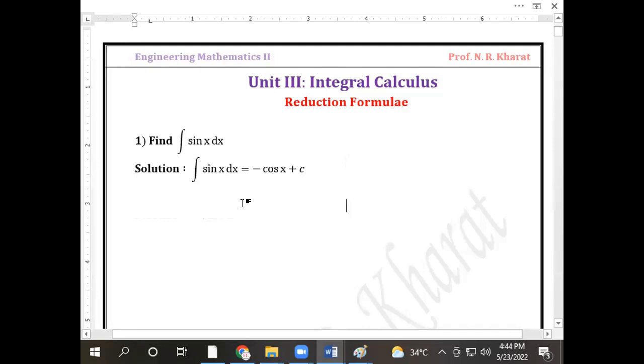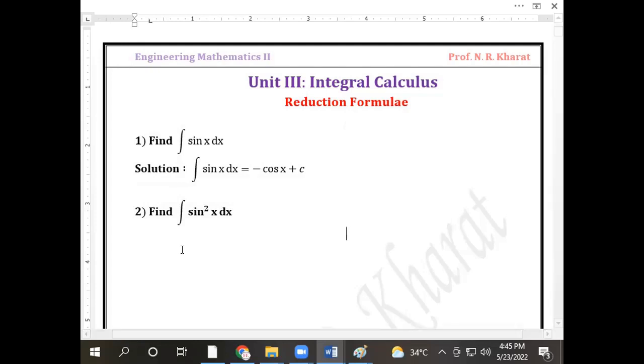What happens when I increase the index of sin? In example number 1, the index of sin is 1. In example number 2, when I change the index of sin to 2, how do we find the integration of sin square x?